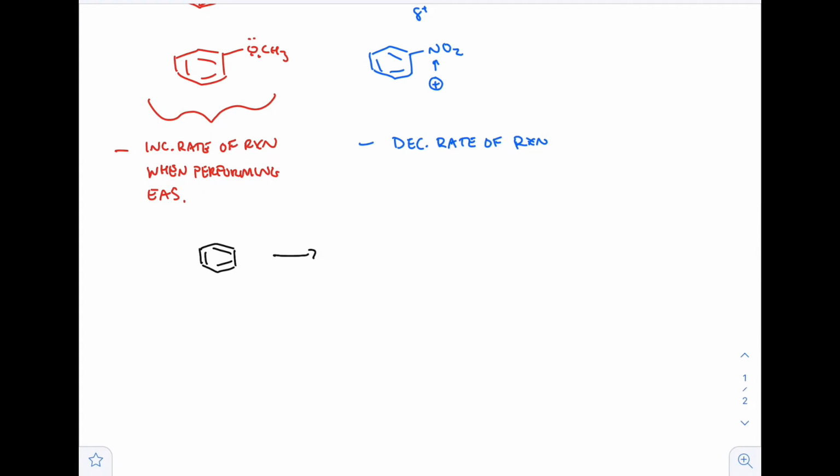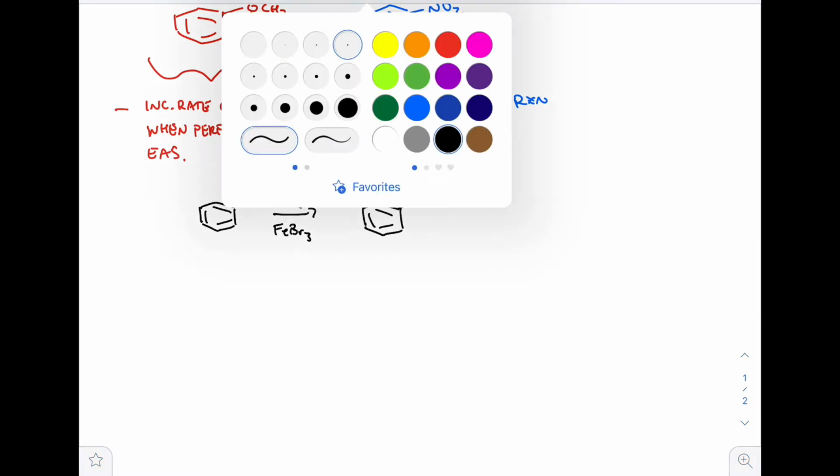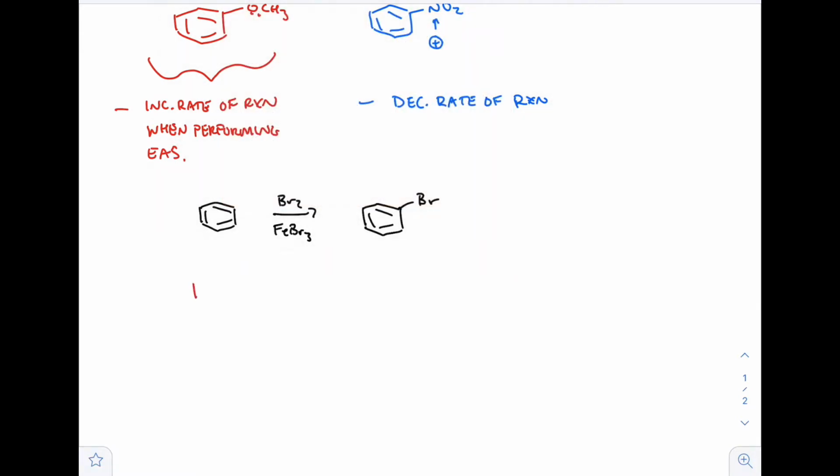Rate of reaction, right? So let's draw out a benzene ring with a bromination reaction, right? So we have, of course, our elemental bromine and our iron bromide for our Lewis acid to give our bromine substituted benzene. We have the methoxy.